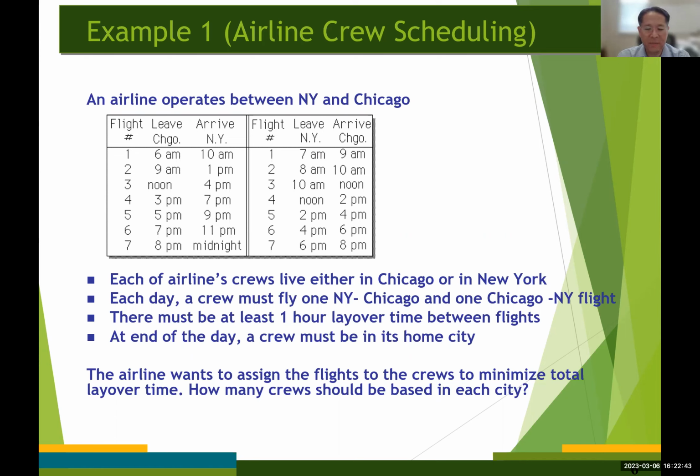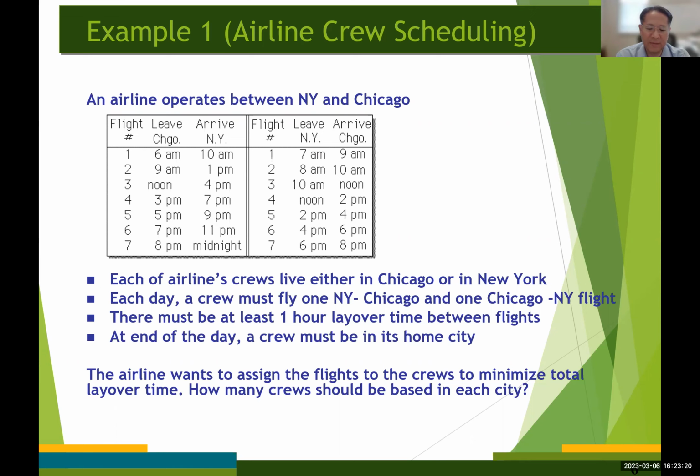And at the end of the day, the crew must be in its home city, okay? So this is the given information and we must fulfill these requirements. The airline company wants to assign the flights to the crews to minimize the total layover time, and they want to know how many crews should be based in each city, okay?